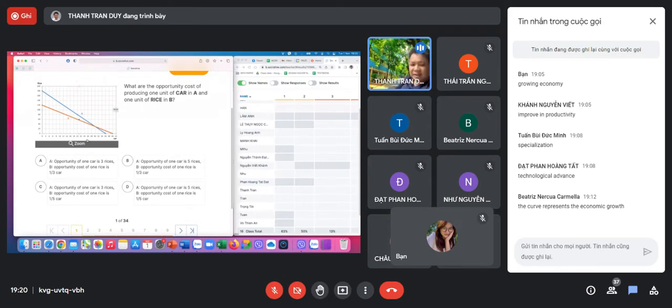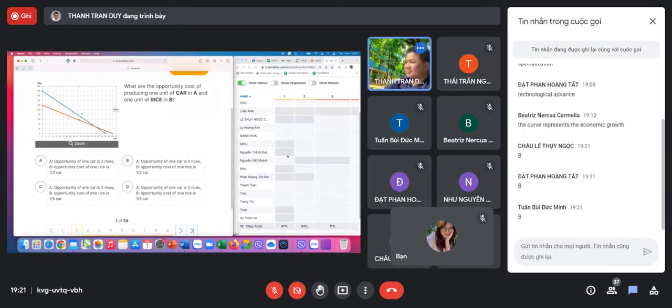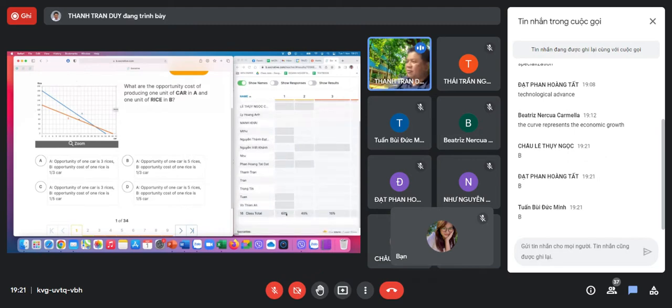So what is the best answer in these questions? Anyone? Oh, only 67% correct. B, right, exactly. The opportunity cost of one car is 5 rice, and one rice is 1/3 of a car. It's a difficult question.